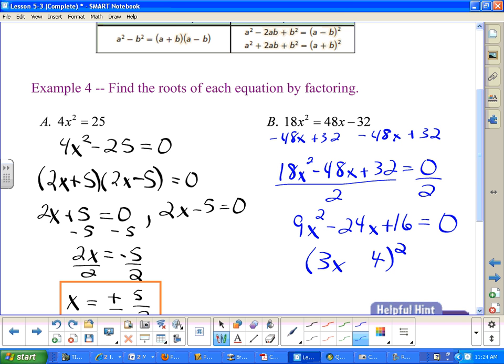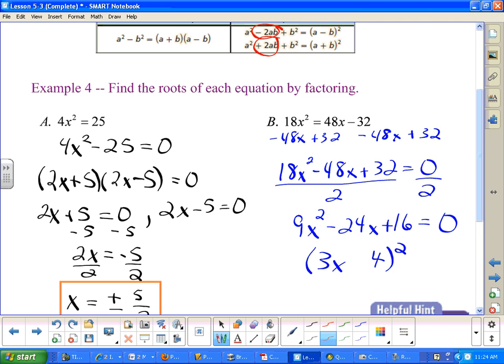So if you notice up here, the middle term in each of these two says a negative 2ab or positive 2ab. In other words, if we multiply these two numbers together, a and b, and we multiply them by 2, we get the middle term. So what's 3 times 4? 12.